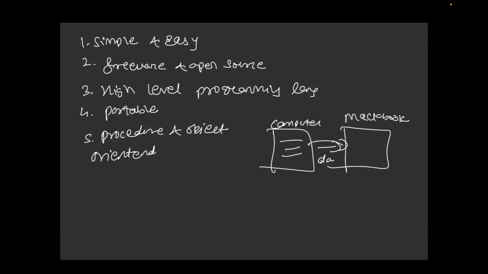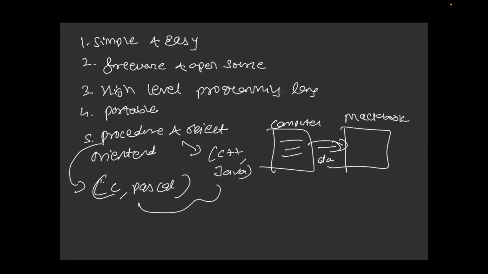Procedure oriented was supported by languages like C. Has anyone heard about the Pascal language? Pascal was also such a language. And object oriented is basically C++ and Java. Python supports both things. It's a combination, and this combination is what makes Python really special.